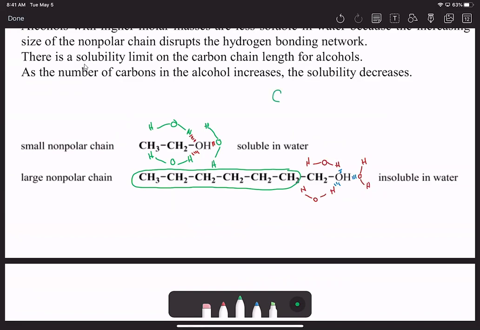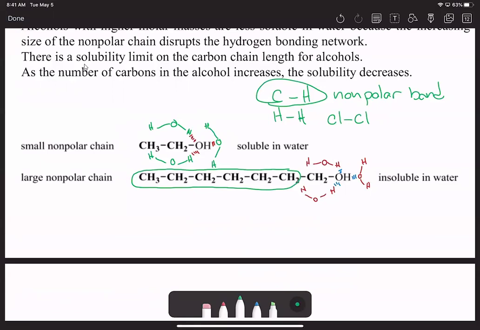We've talked about this particular bond before. Carbon-hydrogen bond is a non-polar bond, similar to your diatomics. Your diatomics have non-polar bonds. Well, carbon-hydrogen is also one of your non-polar bonds.